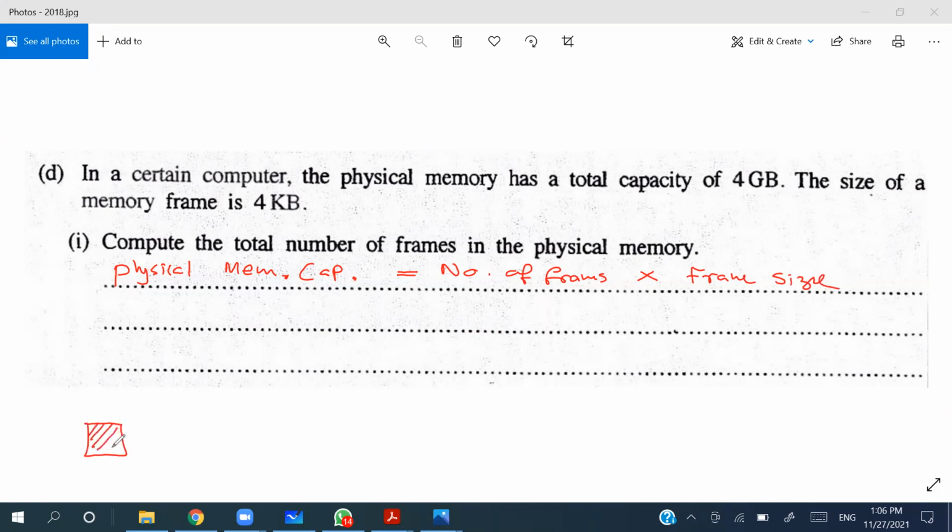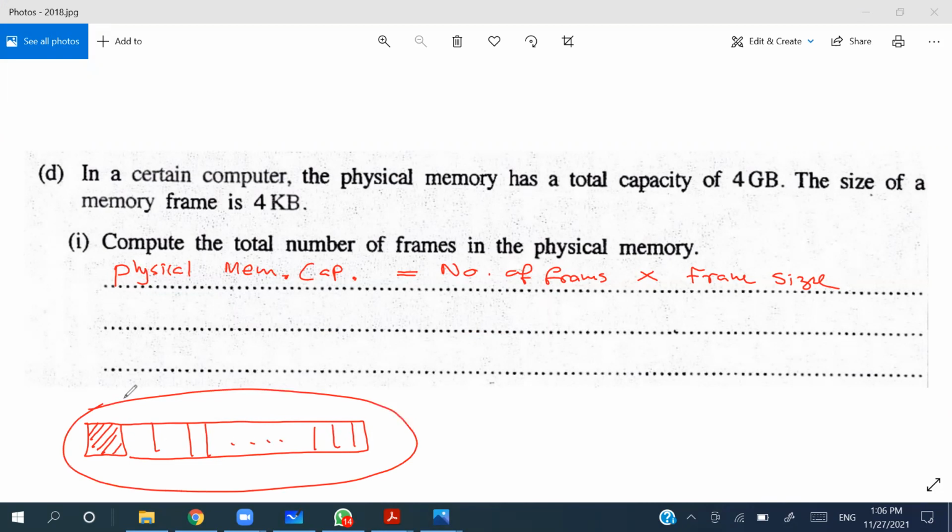When we know the size of one frame, and if you know how many frames there are, you can say what the total is. So you know the total is 4 GB, and this single block is considered to be 4 KB, and they are asking how many frames there are in the memory.